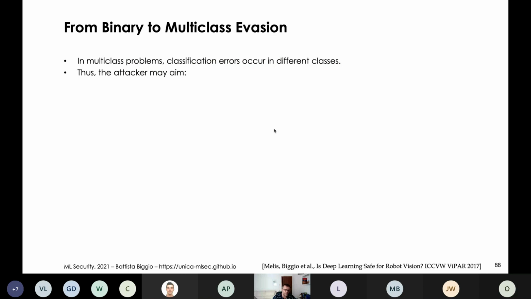And now the point is, when you consider a multi-class problem, an error can have different kinds of goals as an attacker. So it's no longer just possible to say, I have a malicious instance that I want to have misclassified as legitimate. You can have different goals.